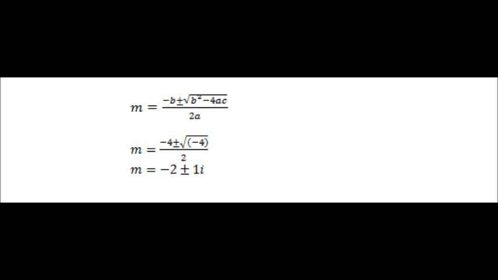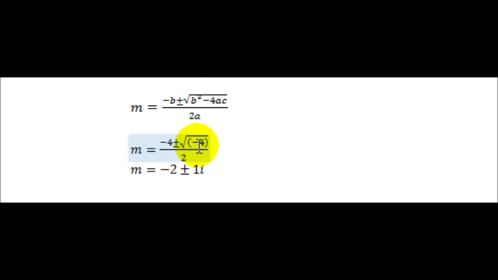Using the quadratic formula, which is negative b plus or minus the square root of b squared minus 4ac, all over 2a, wherein our b is 4, we have 4, b squared is 16, and 4ac is 4 times 5, so 20.